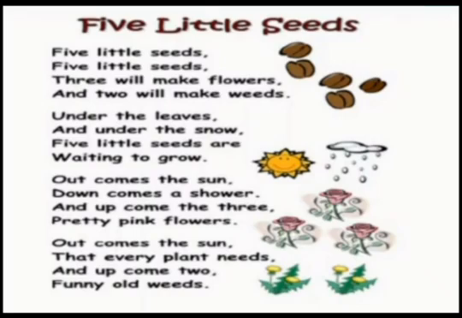Under the leaves and under the snow, five little seeds are waiting to grow. Out comes the sun, down comes a shower, and up come the three pretty pink flowers. Out comes the sun that every plant needs, and up come two funny old weeds.